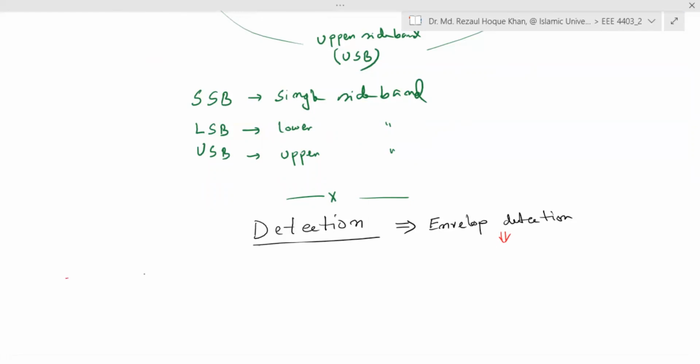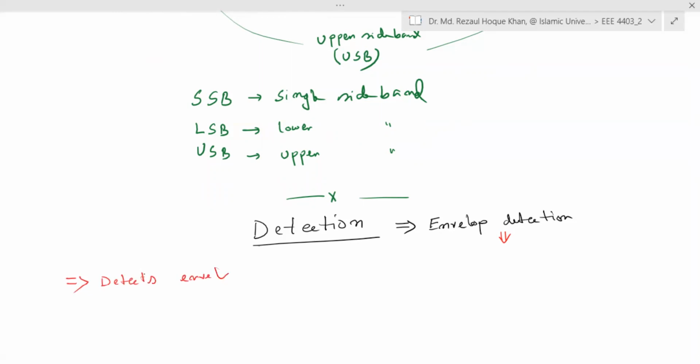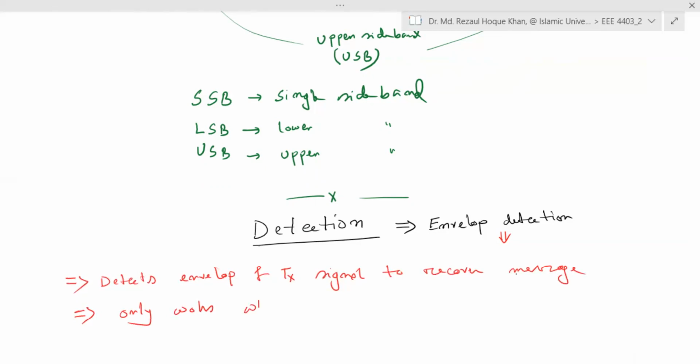So this only works when there is no distortion.